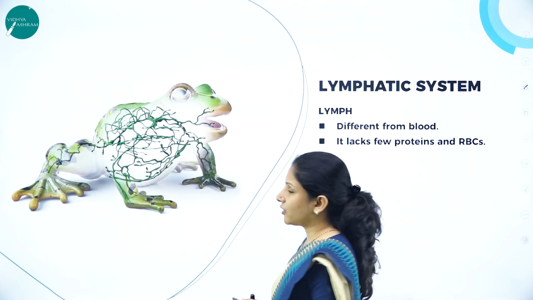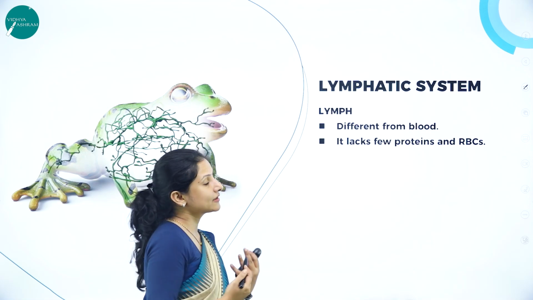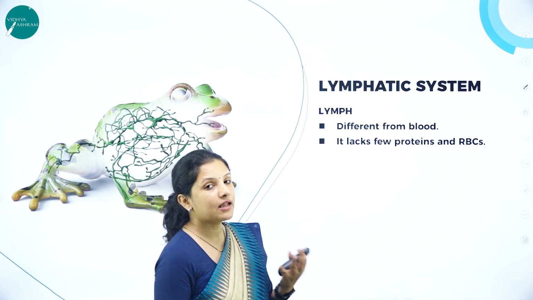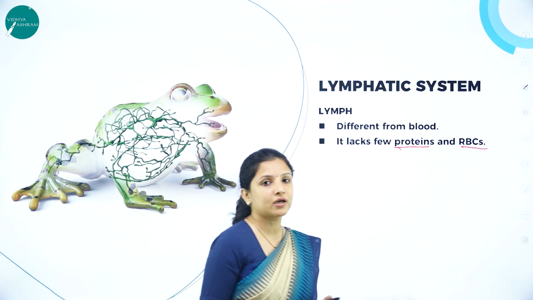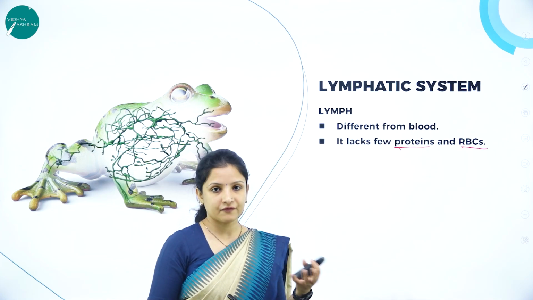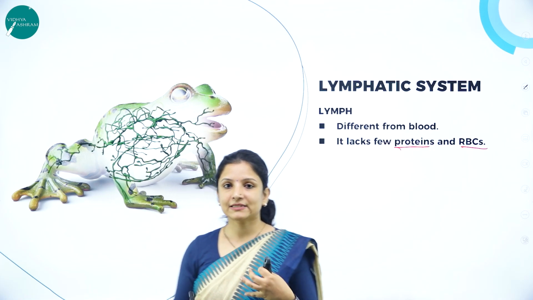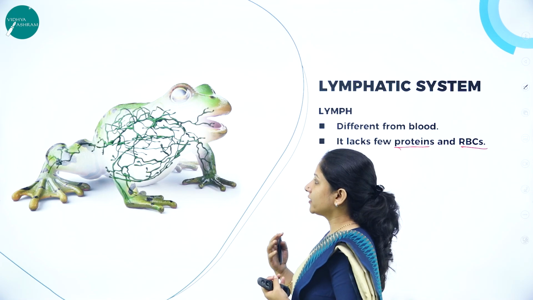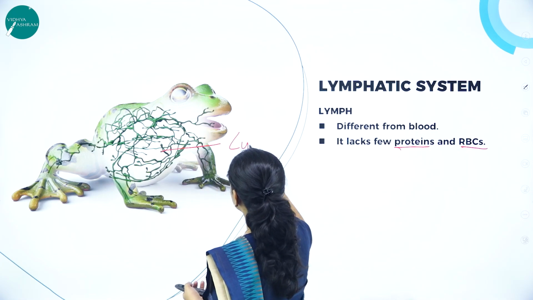So next, talking about the lymphatic system. Lymph is a colorless fluid and it is different from blood because it lacks most of the proteins and RBCs. Because they do not have RBCs, they do not have hemoglobin, therefore they are not red in color. And like how we human beings have a lymphatic system, the entire body has lymphatic vessels which form a network.